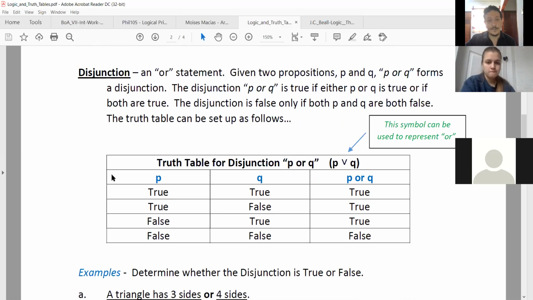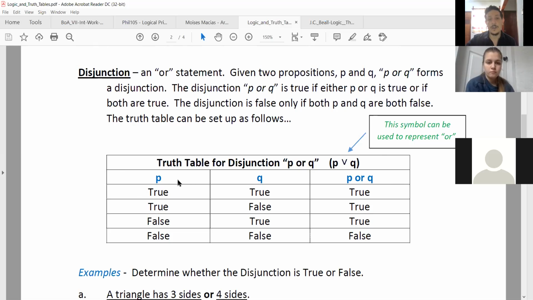So the truth table for disjunction: again, you have P and Q. We are going to be taking P and Q as atomic statements, or just statements that have no logical connectives inside them. And then their compound, P or Q, where the main connective is obviously going to be OR, the logical connective OR.